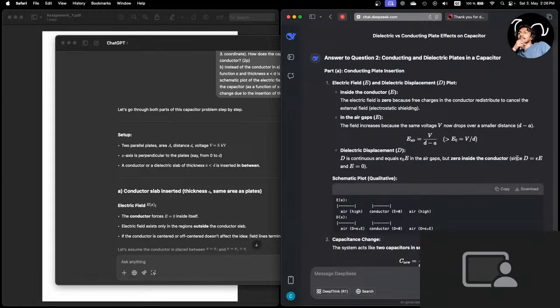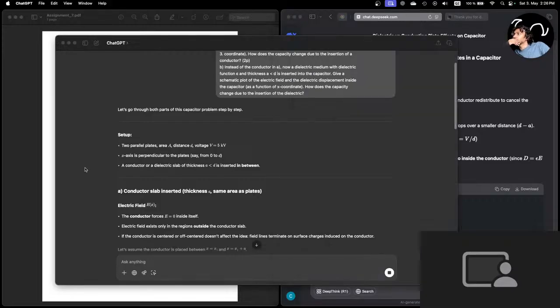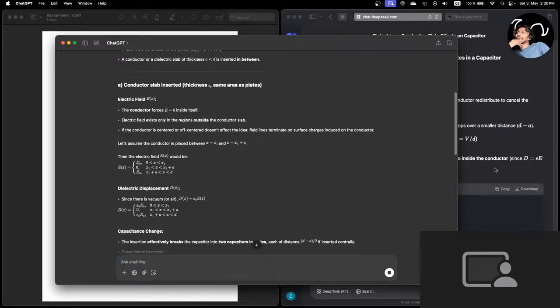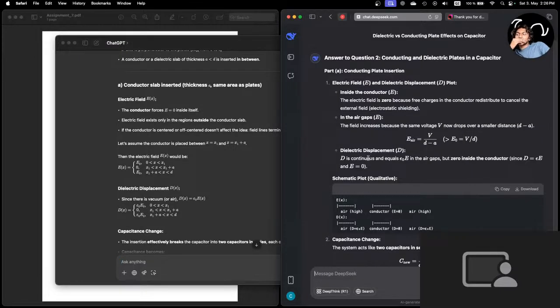So the electric field in the air equals voltage over distance minus the thickness of the conductor, which is higher than the electric field it was. Dielectric displacement D is continuous and equals epsilon 0 E in the air gaps but 0 inside the conductor, since D equals epsilon E and E equals 0 inside the conductor.